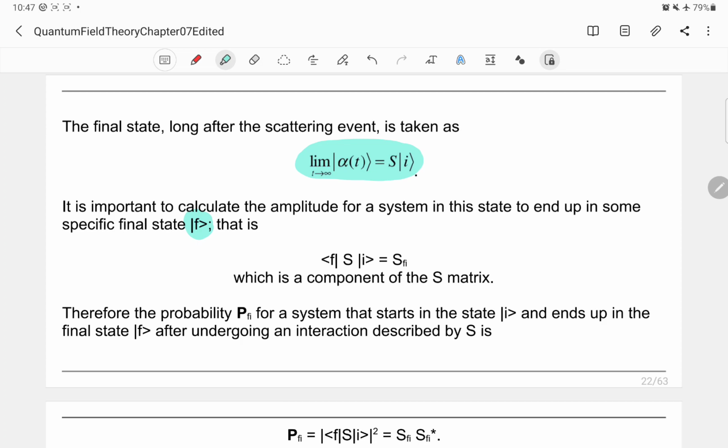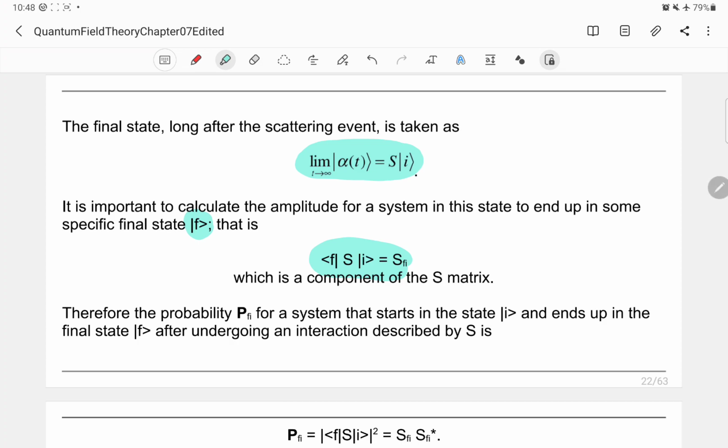And the S_FI matrix, that's from the initial to the final, is denoted by this expression here. This is the component of the S matrix.